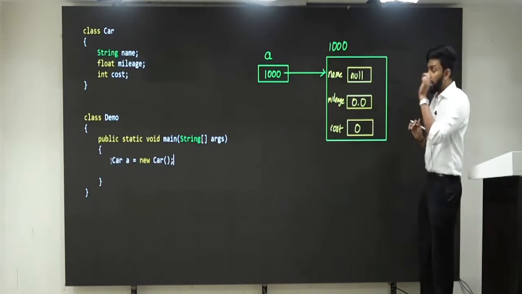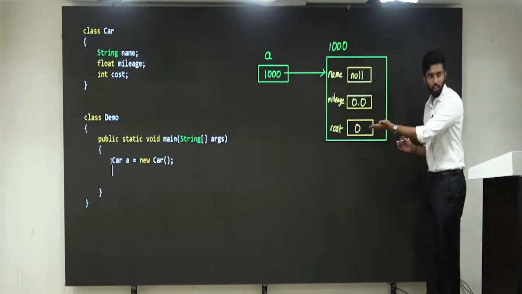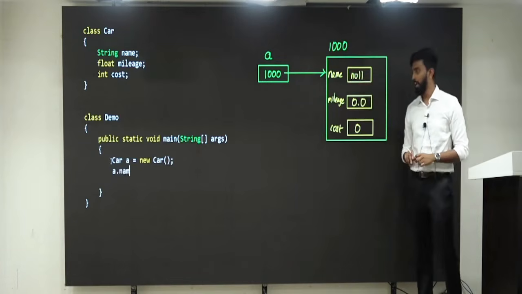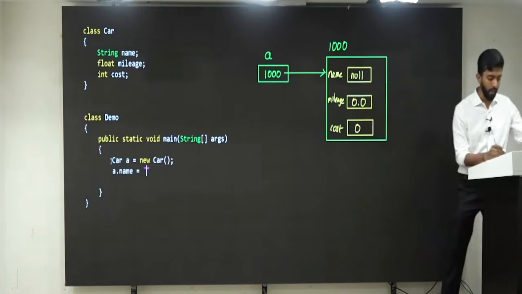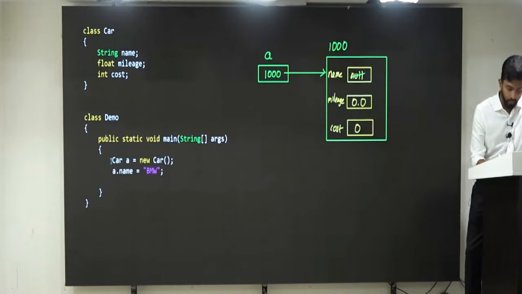Press enter. Now, I want to give my values. I don't want null and all that. So see, A dot name equal to, within double quotes, I will tell BMW. Clear? Which means name will now become BMW.